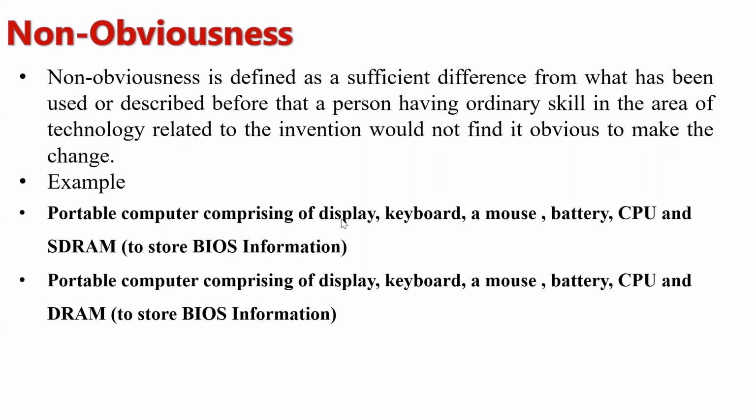It consists of display, keyboard, mouse, battery, CPU, and the SDRAM. And another inventor also produces a portable computer. It also includes the display, keyboard, mouse, battery, CPU, and it is using DRAM. So in this case, you see, it is not obvious.